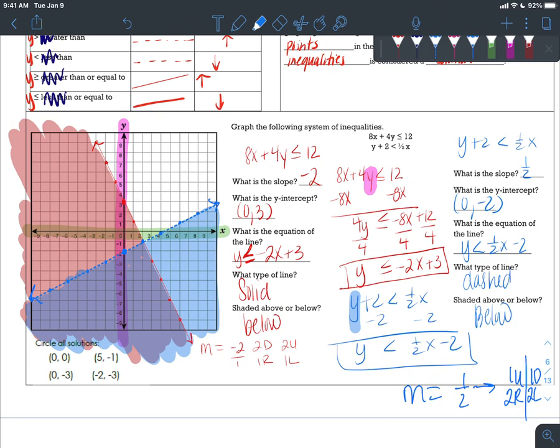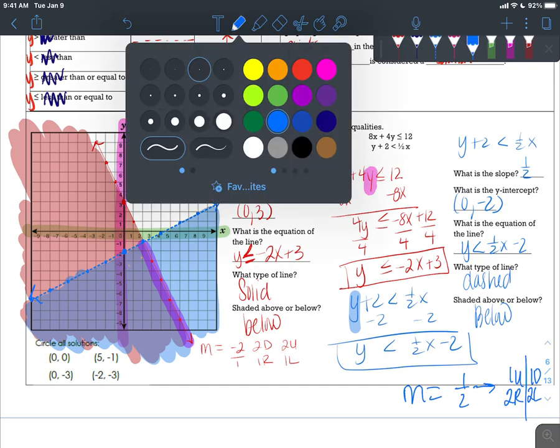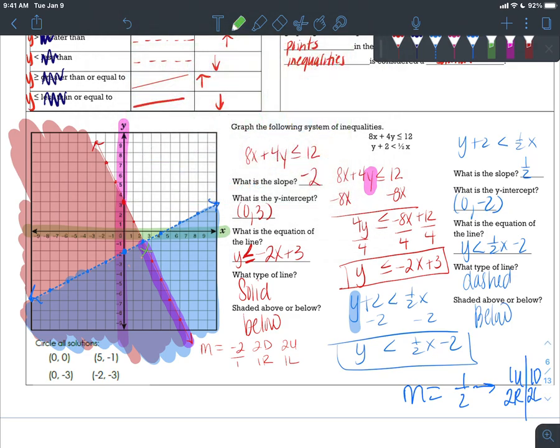The area that is shaded where the blue and the red overlap, creating purple, in addition to the part of the solid line here, because that is inside of a blue shaded area and a red shaded area, are part of the solution for both of them. So that means that I have solutions all up and down here, as well as all inside of here.